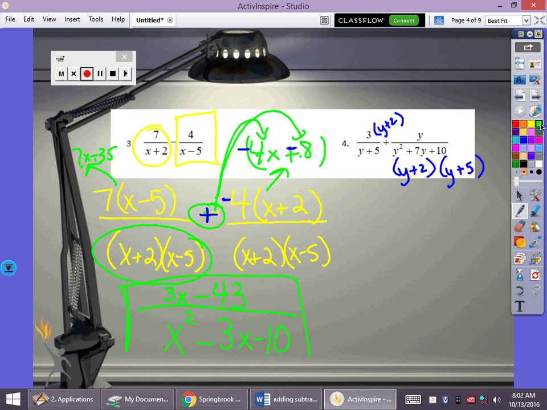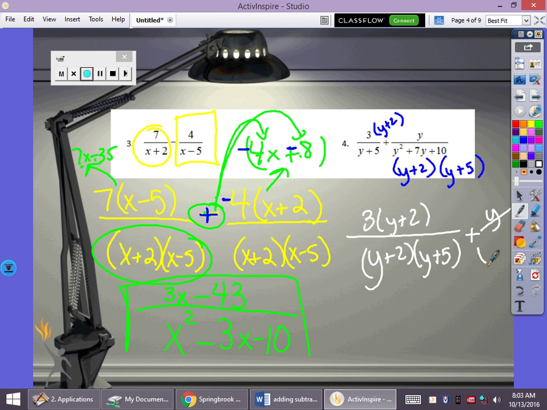So, when I write it, I get y plus 2 times y plus 5. And then I have 3 times y plus 2. And I'm going to add that to y over y plus 2, y plus 5. When I distribute this, I get 3y plus what?